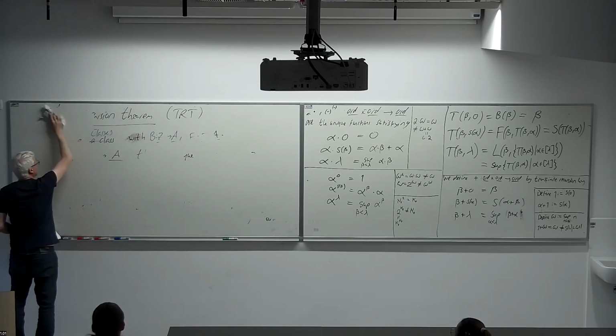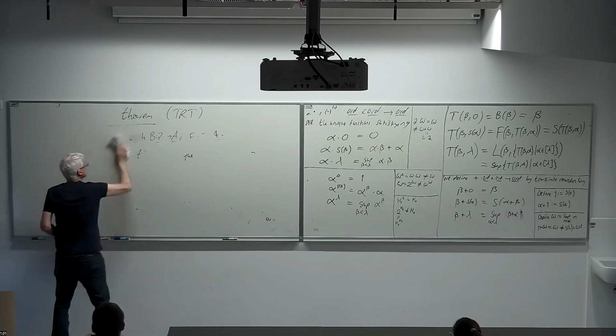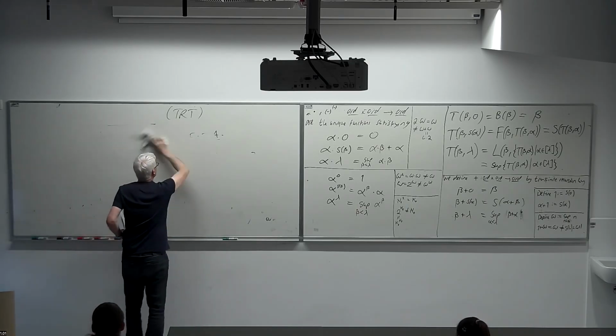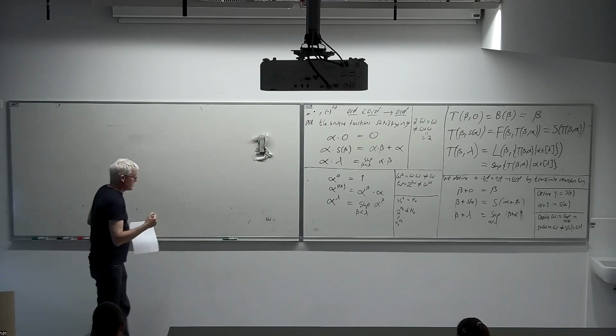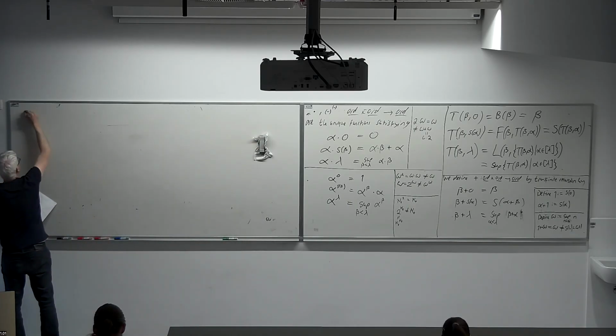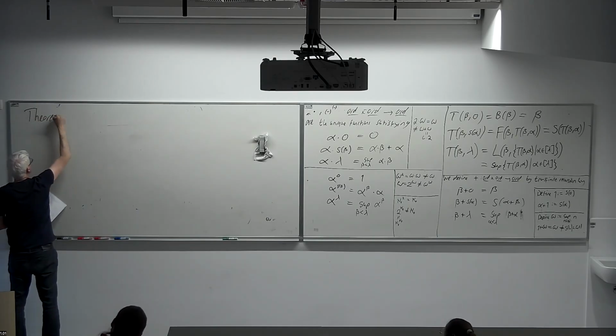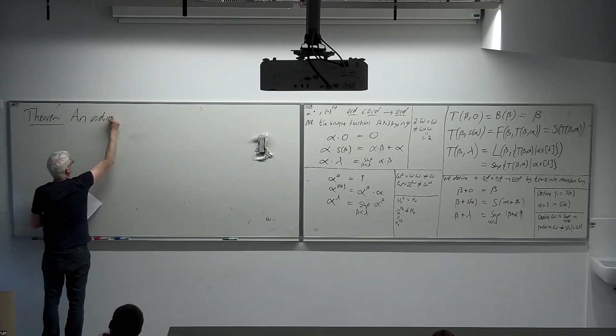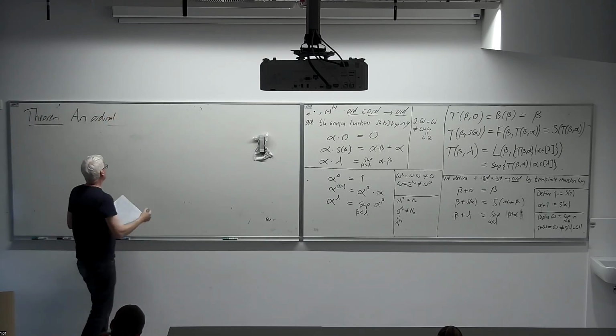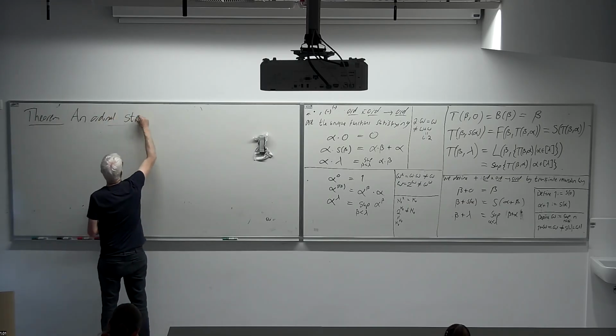So how do we know they make sense? And we can do that like we did with the natural numbers, which is as a theorem, we can simply prove, which is an ordinal structure. We can prove from the axioms of set theory that an ordinal structure exists.